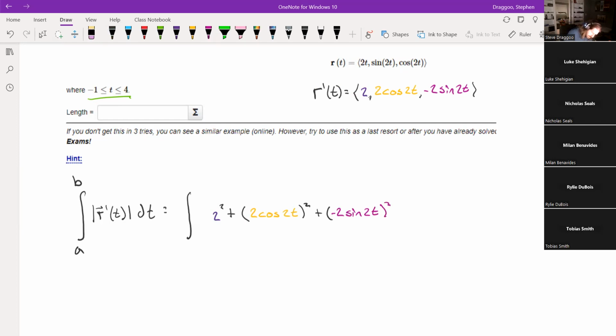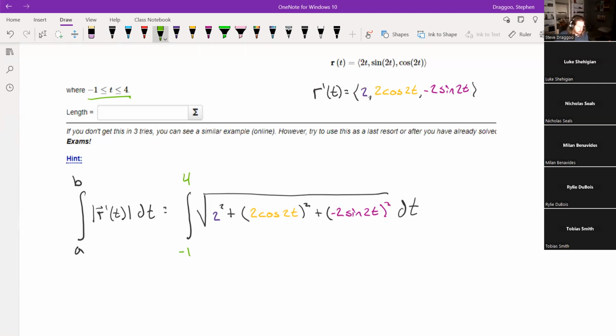This square root needs a hat and maybe also a taller radical. And a straighter hat might also be helpful. Don't forget your dt. It should be there. Just tells us what our integrating variable ought to be. It's particularly important when we've got too many variables. And a and b. We're integrating from -1 to 4.